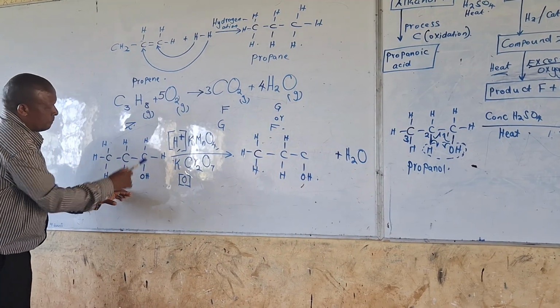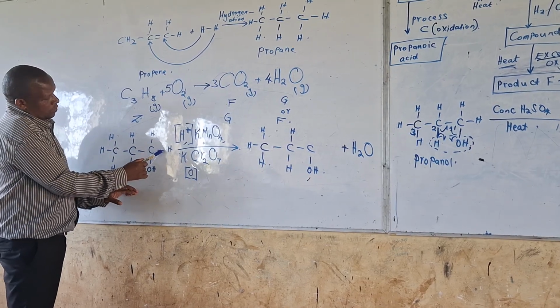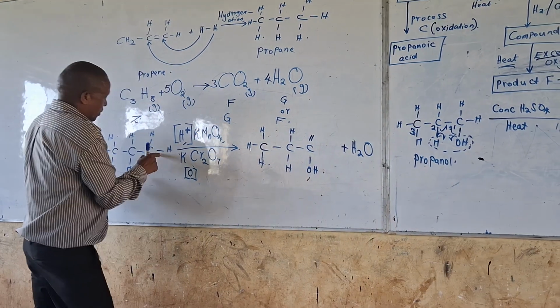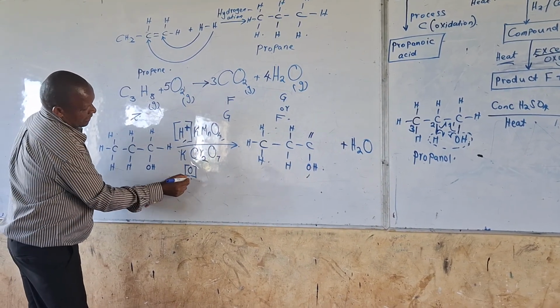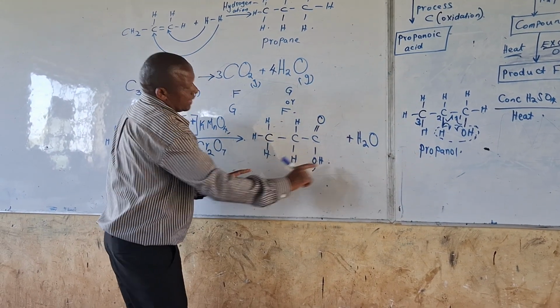H plus O. What do you get? H2O. And then these two bonds will come here together. This one and this one. The two covalent bonds have come in the middle there. Are we together? And then what is attached again? Oxygen. So this is now propanoic acid.